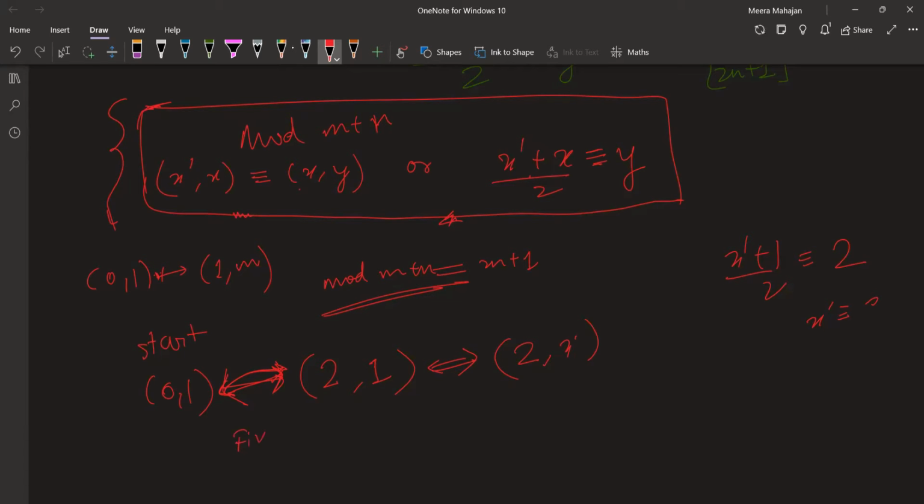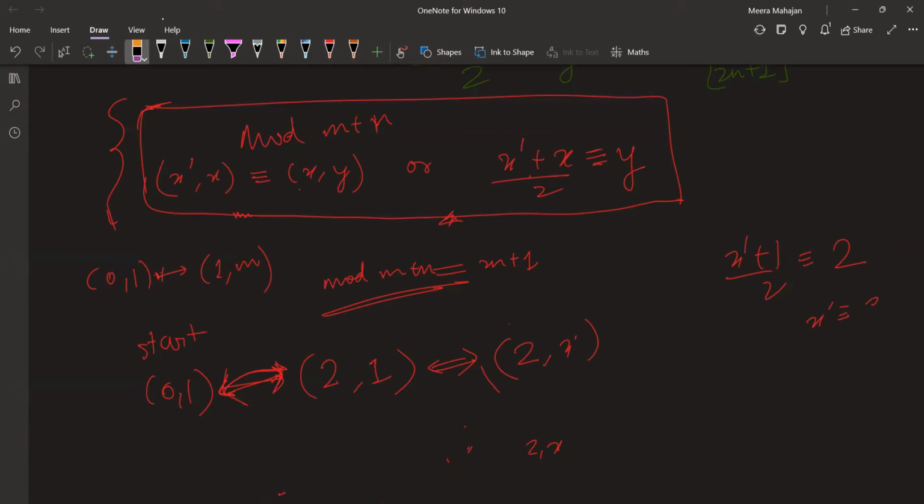If you fix the blue bead, which is 1, then you will go to x prime comma 1. But note that x prime would just be equal to 0. Or you can fix the 2, in which case we'll go to 2 comma x prime, which is this position. Did that make sense? We are not going here because in this case we reach 0 comma 1, which we have already reached.